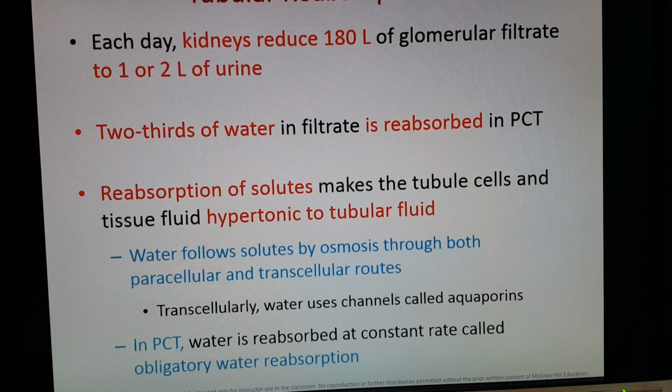The water follows the solutes through osmosis, both through paracellular and transcellular routes, as well as the aquaporins. So transcellular is the aquaporin route. In your proximal convoluted tubule, the first one right off that renal corpuscle or glomerulus, there's an obligatory water reabsorption, where you just have the water that's reabsorbed there.